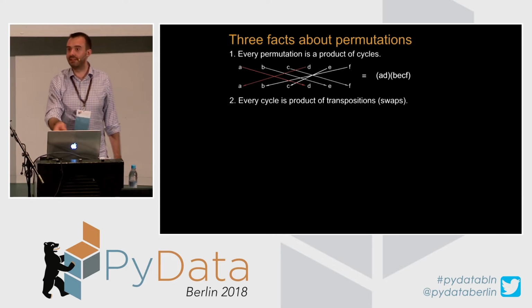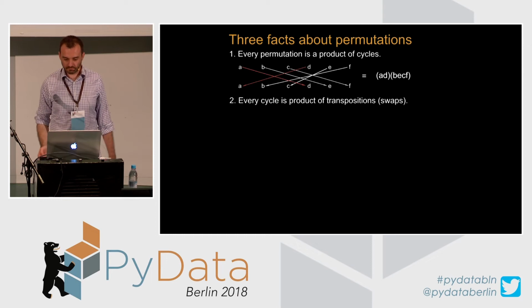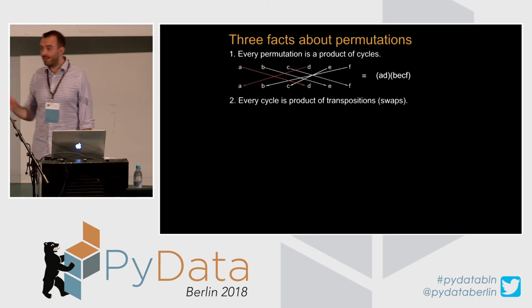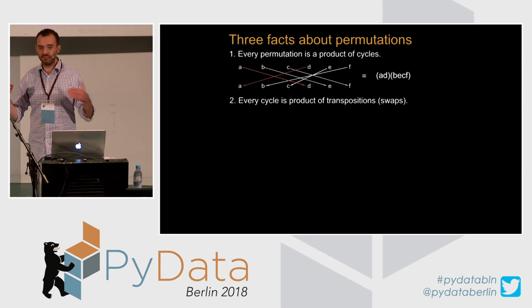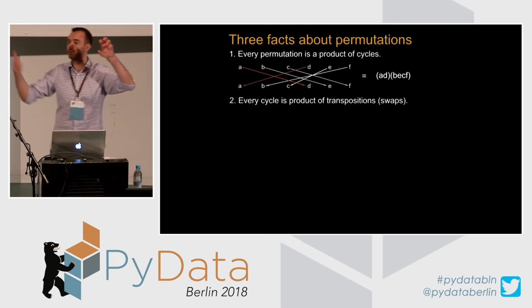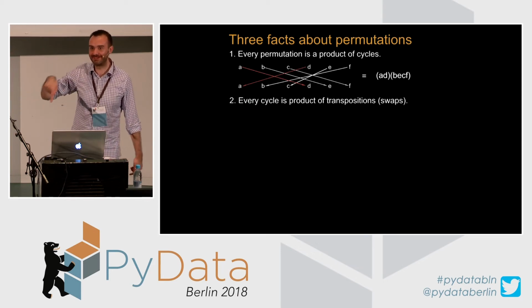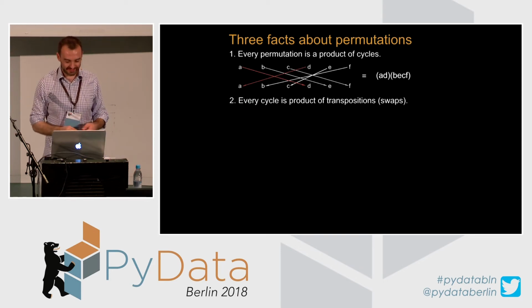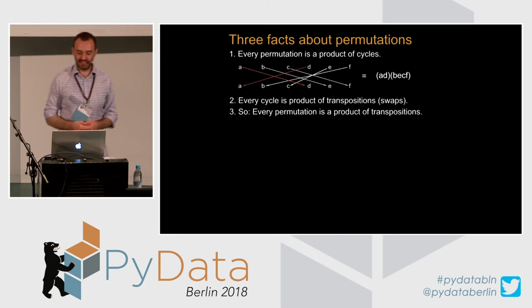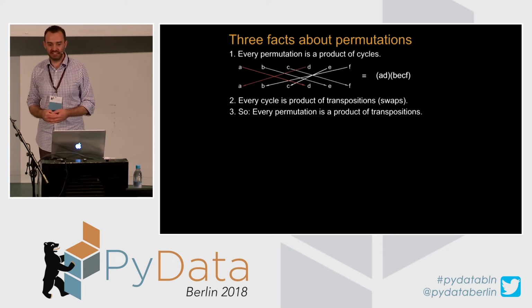So, for example, A and D swap. That's it. And in metaphorical terms, that is kind of like saying every molecule can be broken down into atoms. So I've told you all matter is made of molecules, all molecules are made of atoms, so all matter is made of atoms. It's one of those Greek philosophical syllogisms. And for us, that means every permutation is a product of transpositions.